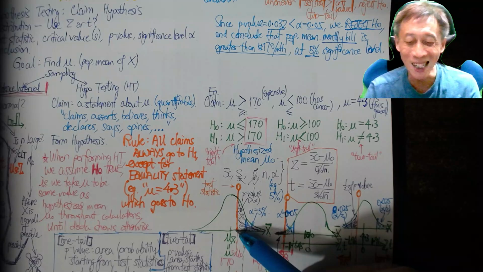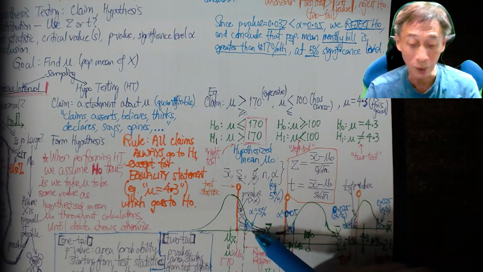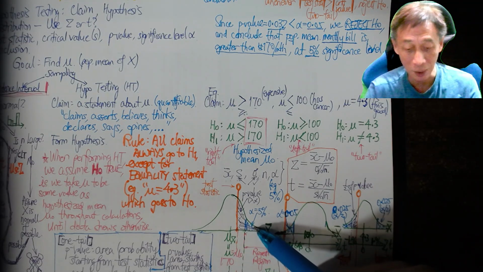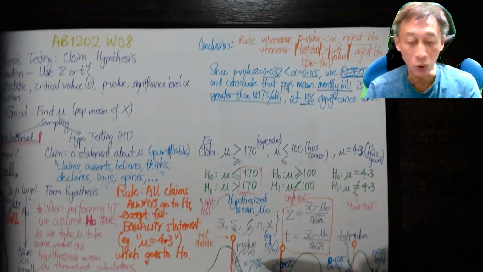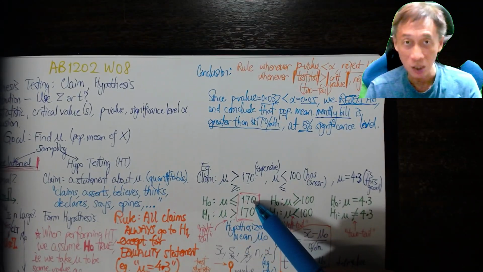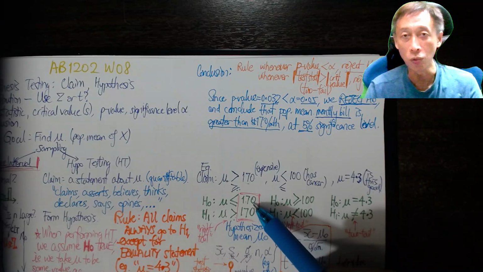Imagine if you redo the sampling, the pin can float around here due to noise, and may accidentally end up in the rejection region. So we don't say we accept as a matter of absolute fact. We don't really accept it as truth.